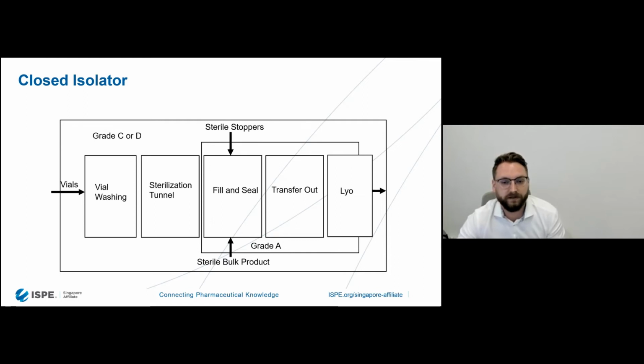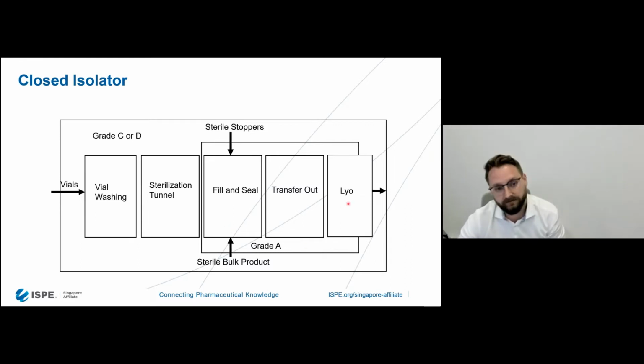So for a closed type of isolator, generally you'd have the vial washing, then you would go through a sterilization depyrogenation tunnel. This tunnel would run at whatever temperature to ensure that the vials are sterilized as they enter into the machine itself. And that would also sterilize the air, the environment, as it's HEPA filtered and laminar flow going into the vials here.